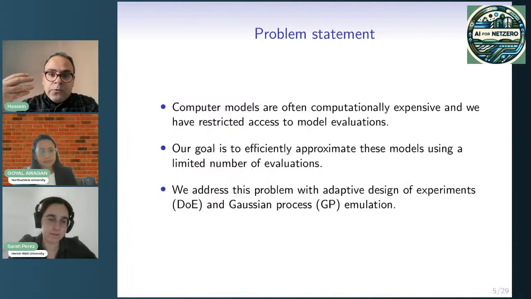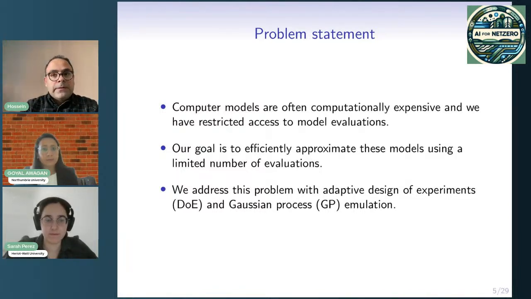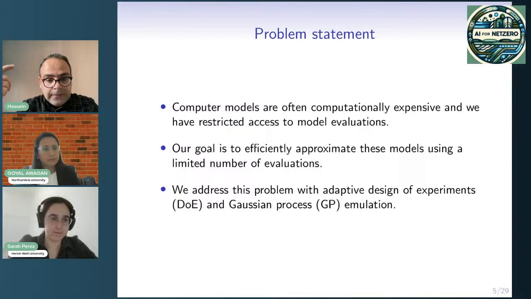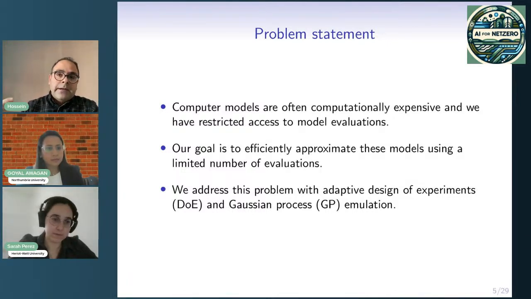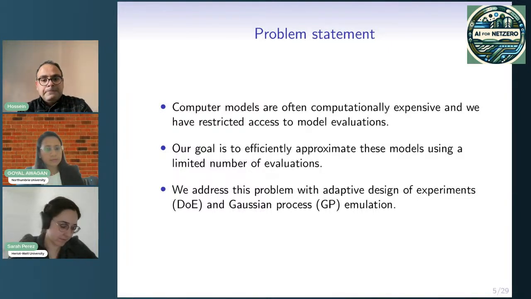A common approach to tackle this problem is to approximate such complex models with cheap to evaluate statistical models known as meta models or surrogate models. They are constructed based on only a limited number of model evaluations. Especially in this work, we address this challenge using adaptive design of computer experiments, DOE, and Gaussian process emulators, which is a type of surrogate model. And I will explain both of these concepts in the next slides.